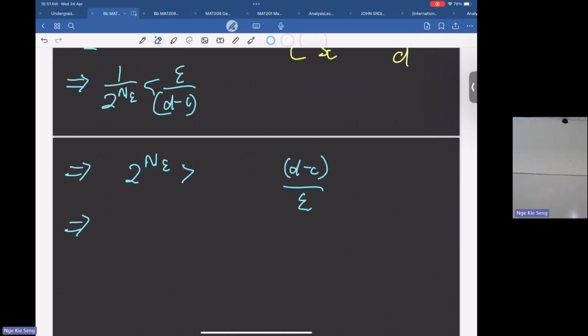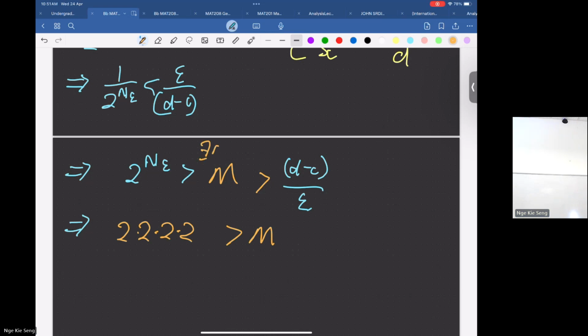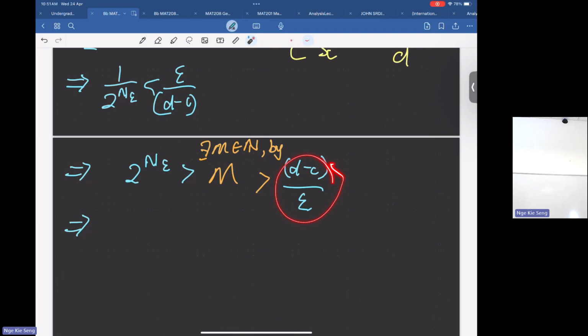So 2 times 2 times 2 times 2, how many times is it greater than this natural number? You do that calculation. So by the Archimedean property, you have an m in the natural numbers that is greater than this guy here. But you want to turn it into 2 to the power of some natural number, right?